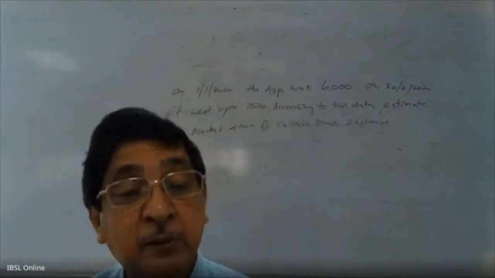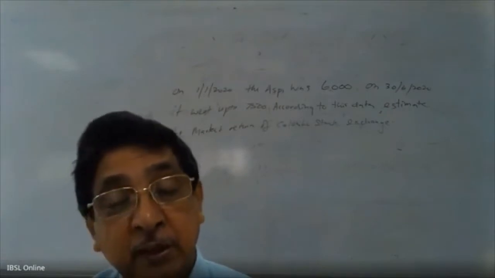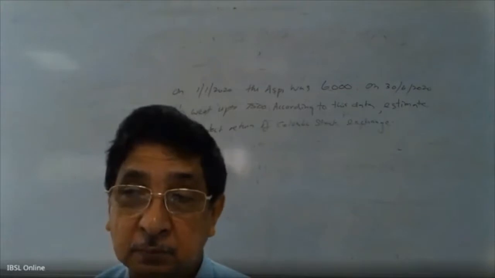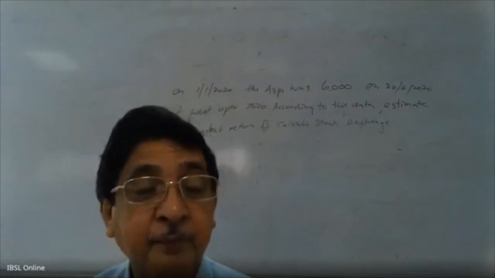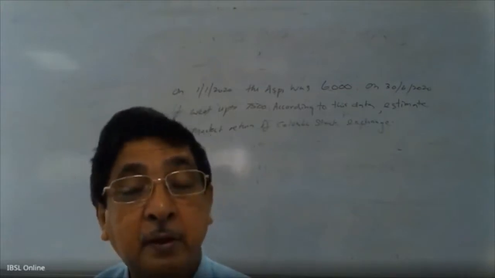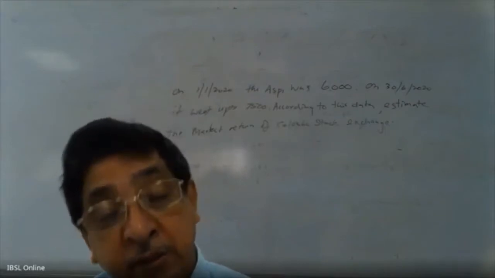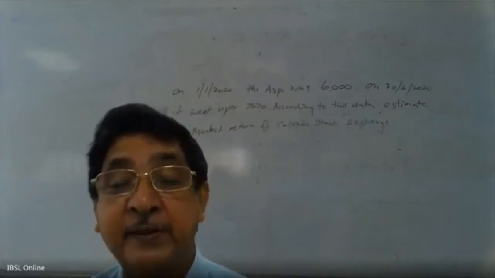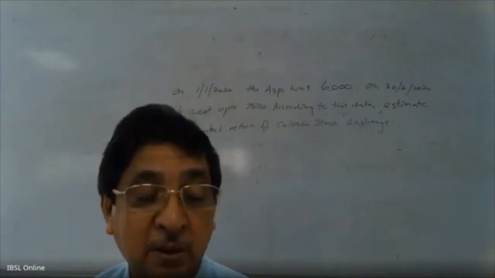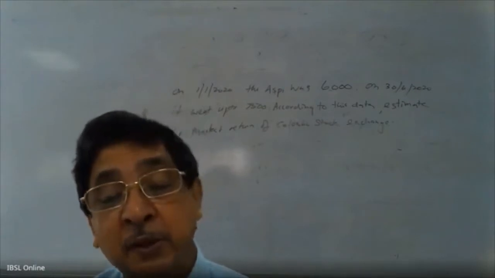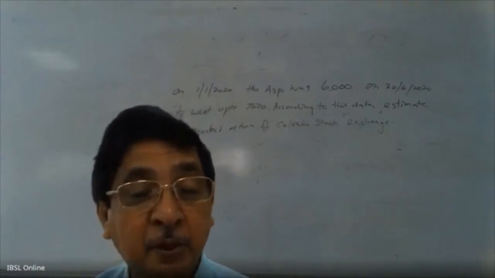The increase is 1,500. That increase we need to estimate on the initial index. The initial index was 6,000. So 1,500 divided by 6,000 comes to 25%.